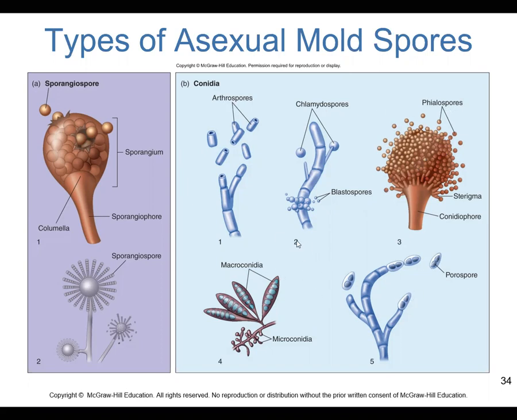These do not have a sac containing them, unlike the sporangiospores that are stored in that sac first. And that's the difference between a sporangiospore and a conidia.